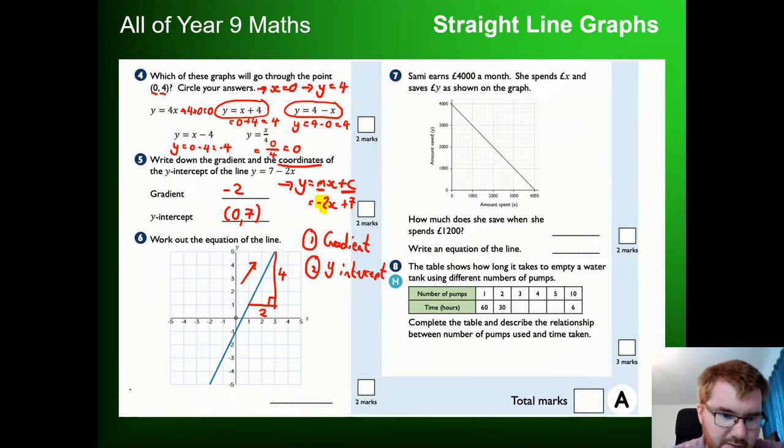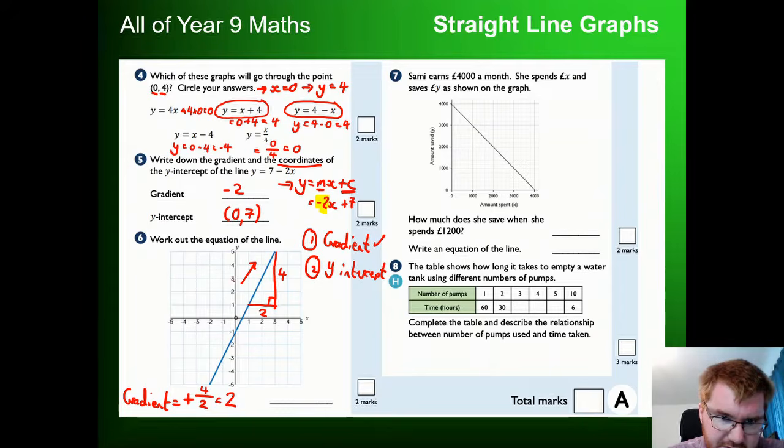So let me just write the gradient here. So gradient, it's going to be a plus. So it's going to be plus, well, rise is 4, the run is 2, and 4 divided by 2 is just equal to 2. So we've done our first part here, worked out the gradient. Now the y-intercept is the easiest thing to work out here, so that's where it crosses the y-axis.